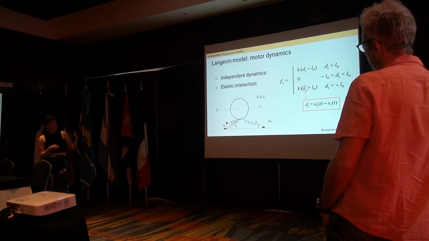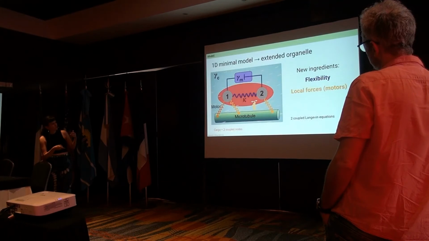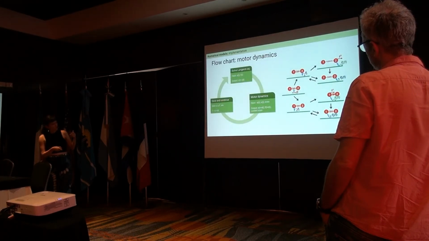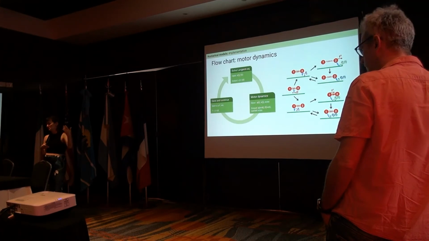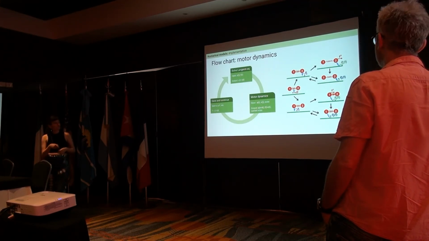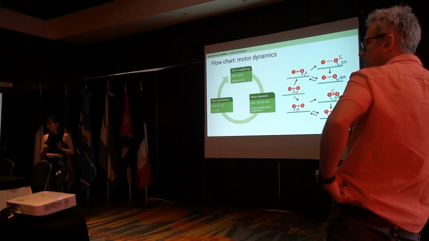Because you have these complicated dynamics where the motors can diffuse or they can attach, and when they attach, they have a probability to take a step, and they always step in the same direction. So this is all a stochastic cycle. You build in the fact that they can only move in one direction.